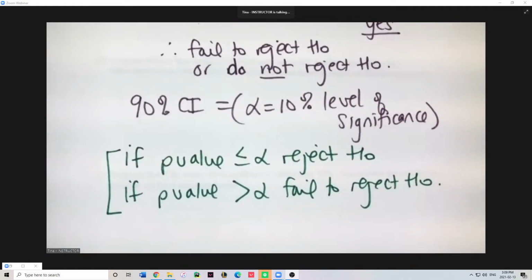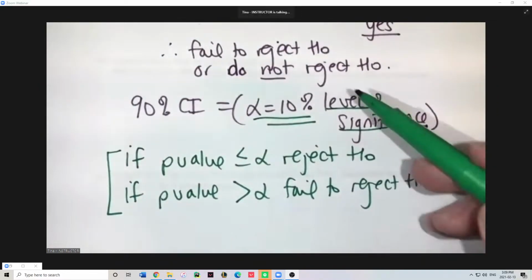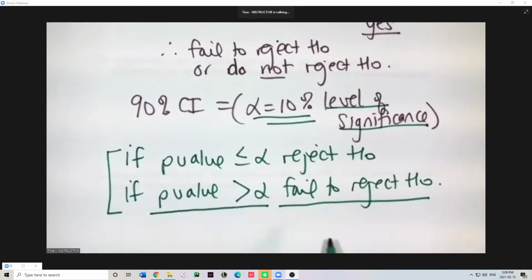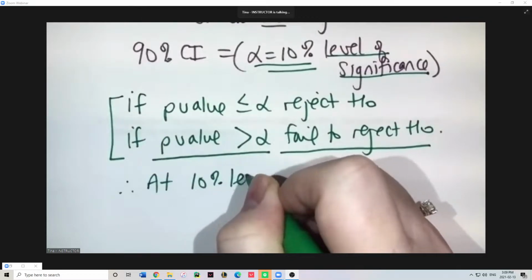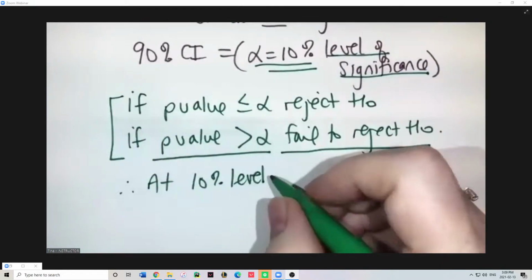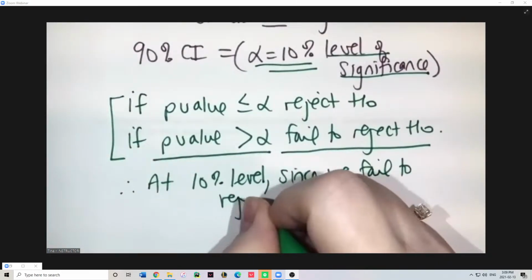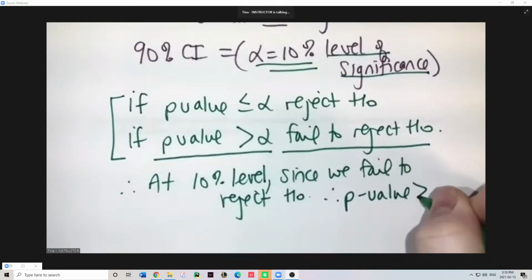P-value is basically the area under the Z that you draw out. Okay. But what we need to know here is at the 10% level of significance, if we failed to reject H naught, then that means our p-value is greater than our alpha. Since we said fail to reject H naught, our p-value is greater than alpha. So therefore, at the 10% level, since we failed to reject H naught, that means our p-value is greater than 10%.